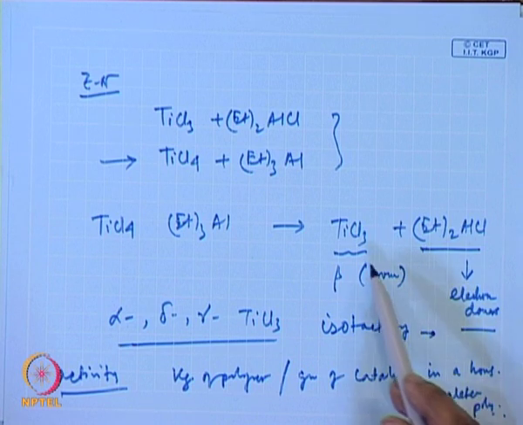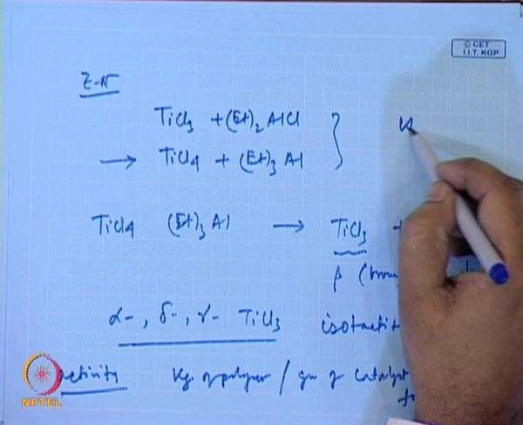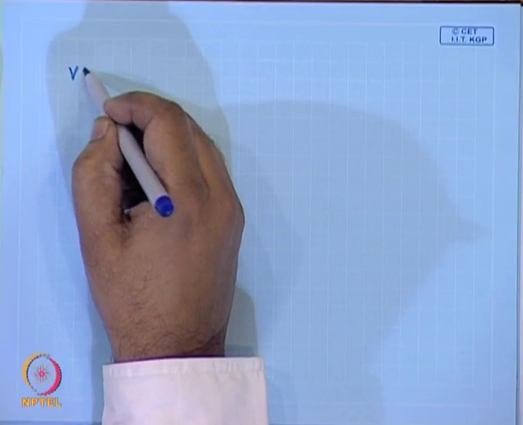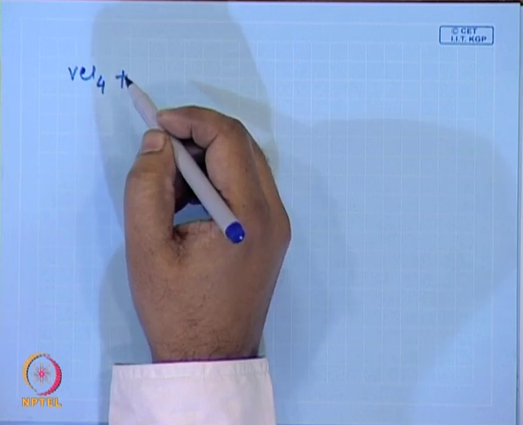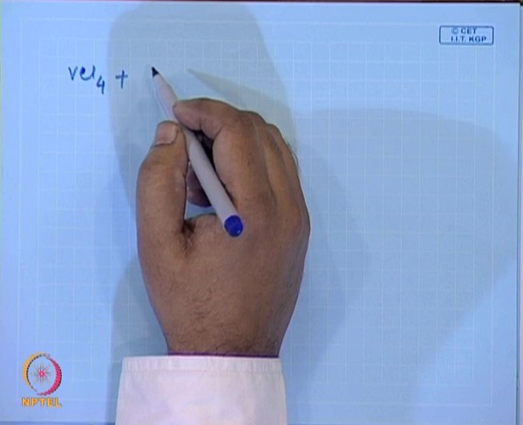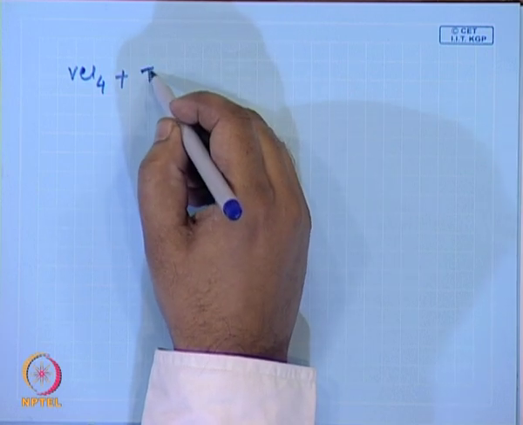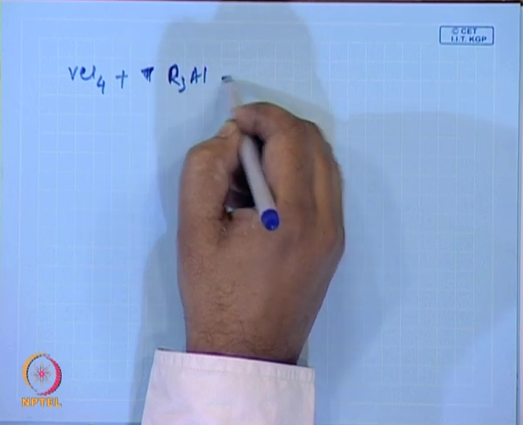Now, in most cases this type of combination of your transition metal compounds and alkyl aluminum compounds produces completely isotactic polymers, except in a few cases where there are a few exceptions like vanadium chloride plus a trialkyl compound, which gives syndiotactic.